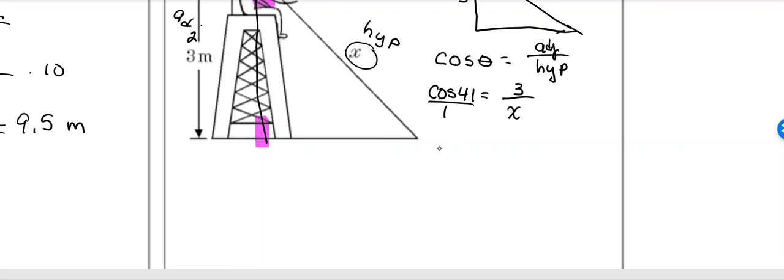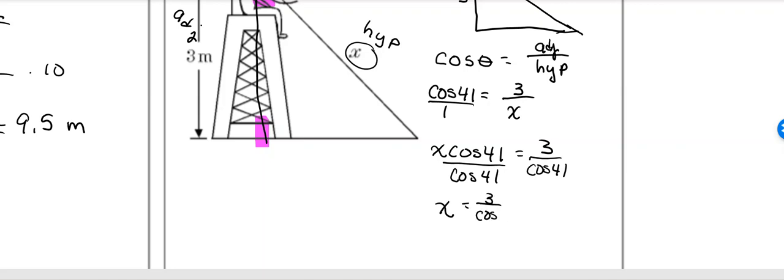We're going to have to cross multiply, so I get x cosine 41 is equal to 3. So to solve for x, I'm going to divide everything by cosine of 41. And I get x is equal to 3 over cosine 41.